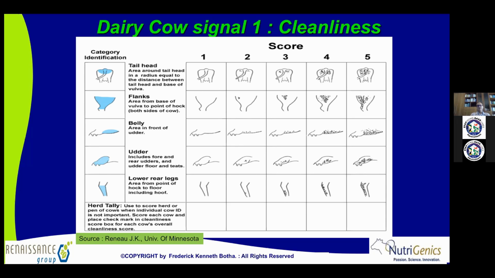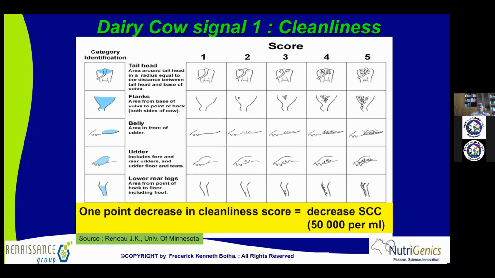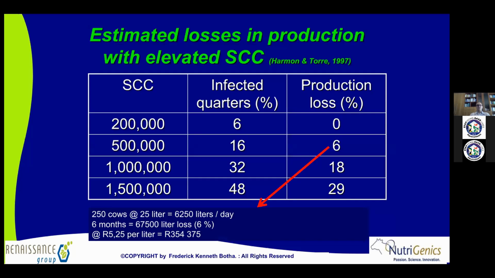Now, we all know that if animals are not clean, through this system, a 1 point decrease in cleanliness will decrease our somatic cell counts by 50,000 per milliliter. So it's something that we need to change, because if your somatic cell count on the dairy farm is high, like in this example, and you go from 500,000 to 200,000, we will improve milk production by 6%.